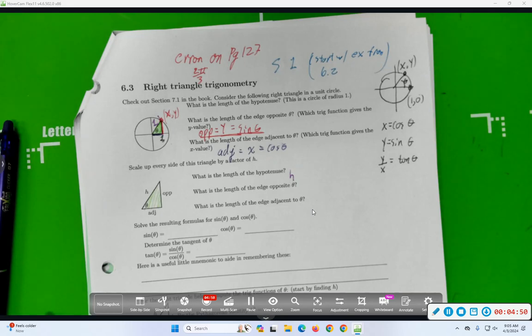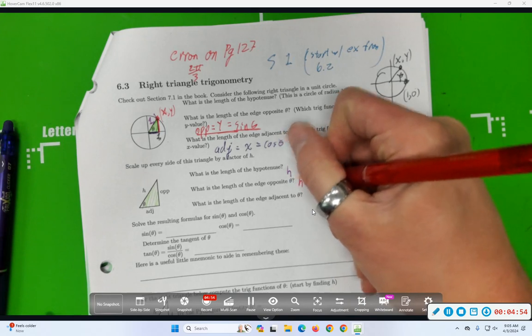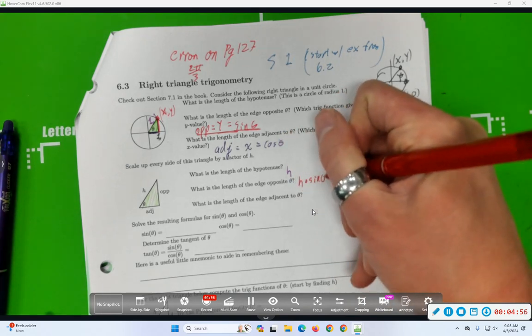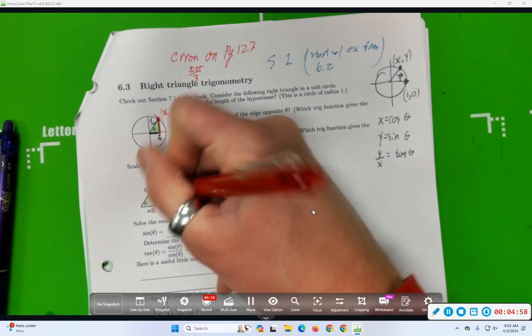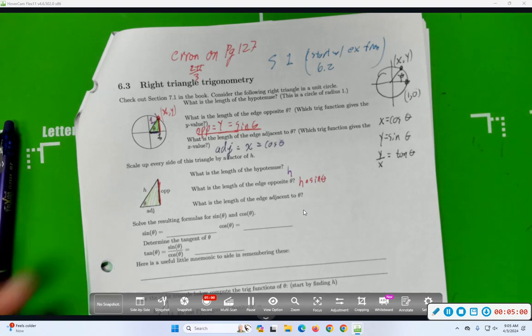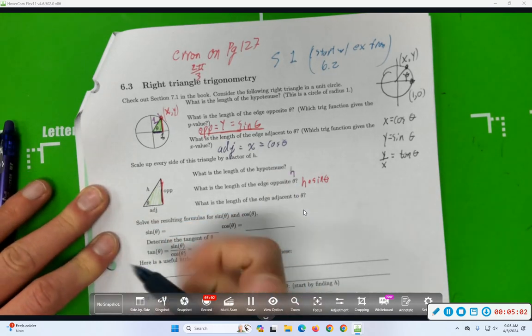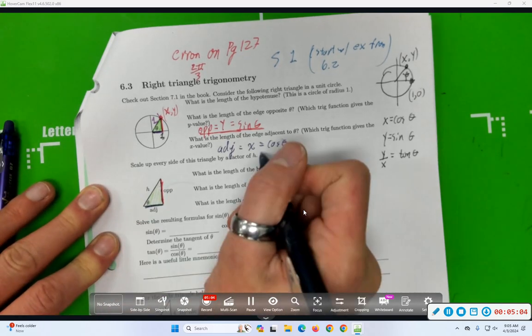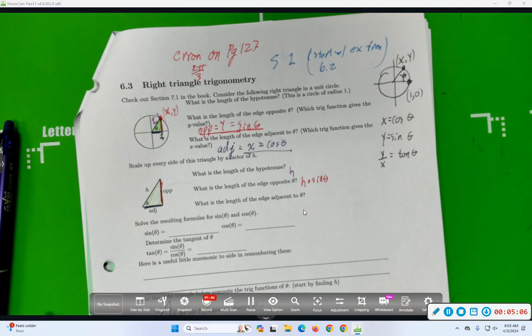It's just h multiplied by what it used to be. By the same logic, the adjacent side length used to just be cosine. After you multiply all the side lengths by h, what's the length of the adjacent side? H times cosine theta.